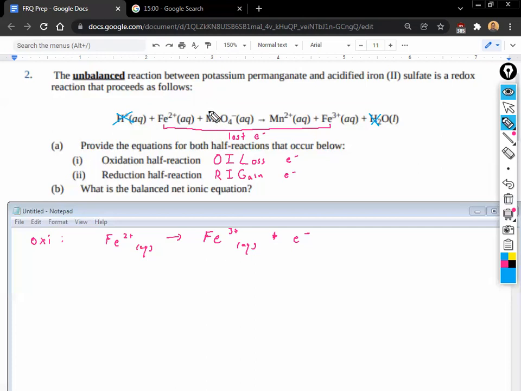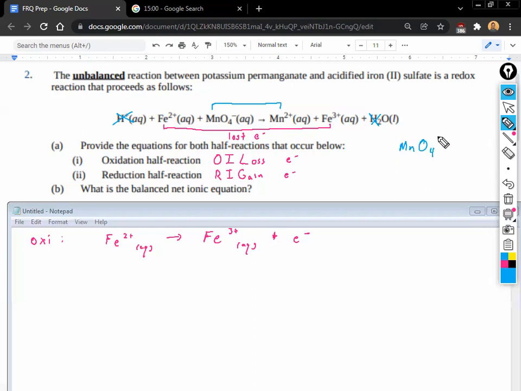Because we're trying to see if it was reduced. Is it still -1? Yeah, it is -1. All right, guys, so if we have MnO4-, let's figure out the oxidation numbers.